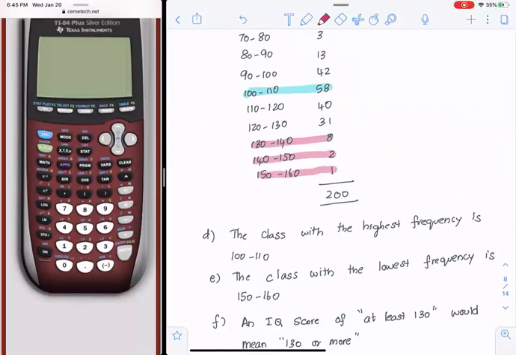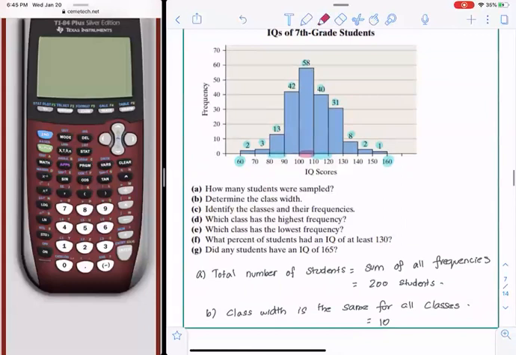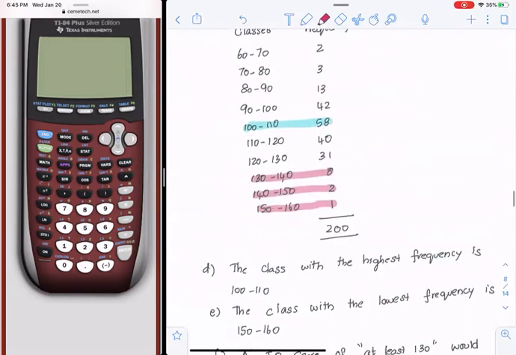You can either pick that from the frequency distribution, or you can look at the graph and say, okay, 130 or more, I could simply pick that, that, and that. So it's 8 plus 2 plus 1. So we would have 11.